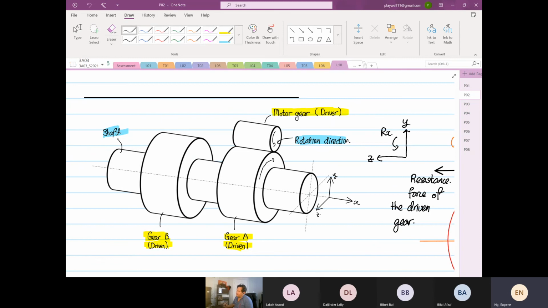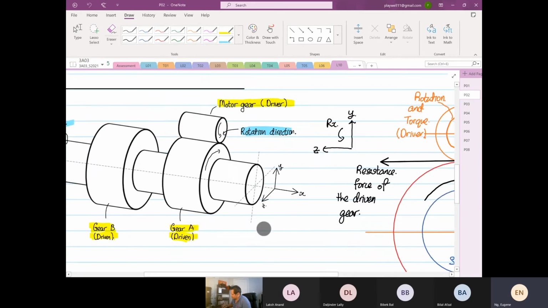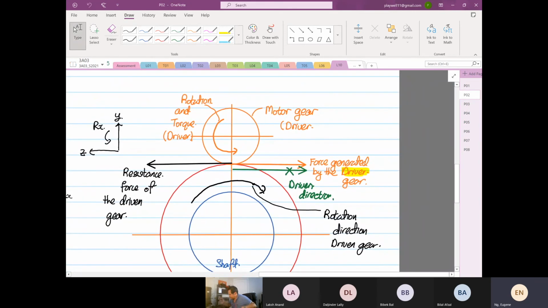Always remember, the driven gear will always resist the driver gear. So what do I mean? If the force is generated on the driver gear, on top, going towards the right, the driven gear will resist. It cannot be that the driven gear follows the direction.